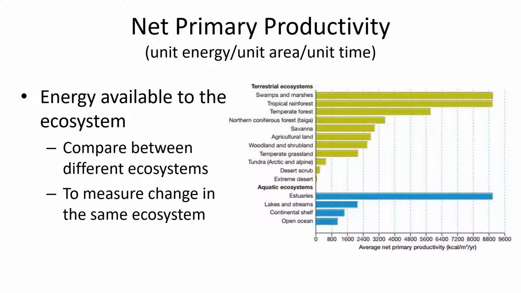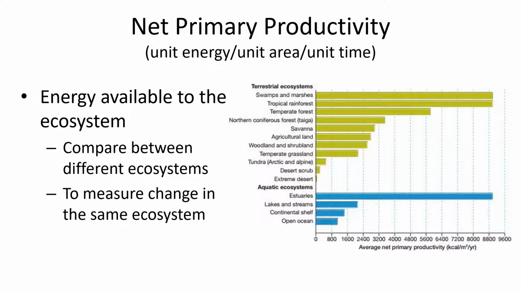So if you look down at the bottom of this graph, we have kilocalories, which is a unit of energy, per meter squared per year. And why do we even bother to look at this? Because we can look at the amount of energy and how productive an ecosystem is if we compare them.